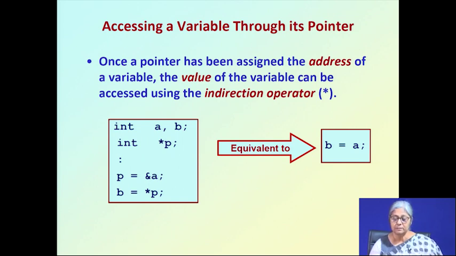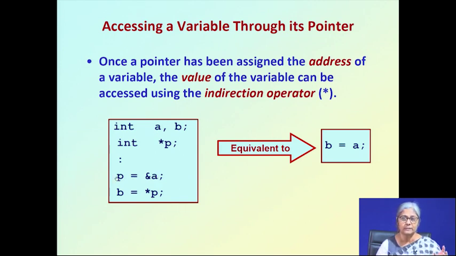So, assigning a variable through its pointer. Once a pointer has been assigned the address value of the variable, it can be accessed using the indirect operation. That means int a, b, two integers, and int *p, so three variables including the pointer variable. p is &a, that means p points to variable a. So what is the value of a? *p has the same value. p is &a means the address of a is in p.